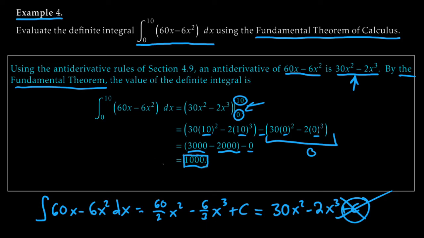That's the value of this definite integral. That is the net area under the curve 60x minus 6x squared: the area above the x-axis and under the curve, minus the area below the x-axis and above the curve, for this function between 0 and 10.